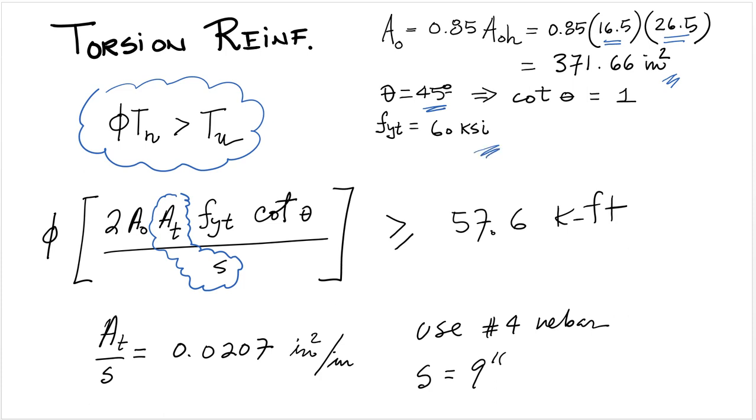If we do that, we solve for At over s, which is 0.0207 inches square per inch. So that's the amount of reinforcement per leg that we need per spacing. You can do the numbers and you can see that this can be obtained with a number 4 rebar spaced at 9 inches.